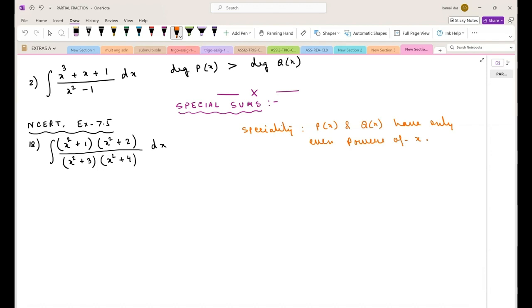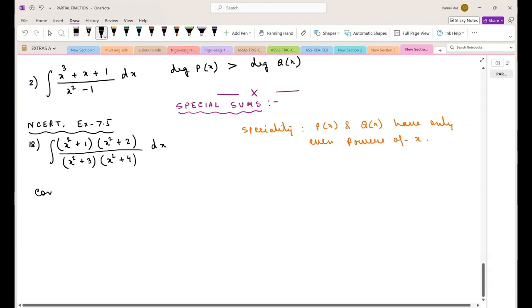Now, here, first we will do nothing related to partial fraction. First portion that we'll do is simply we ignore the integration sign, that is integration dx. We ignore it. We just consider only this expression outside the integration.